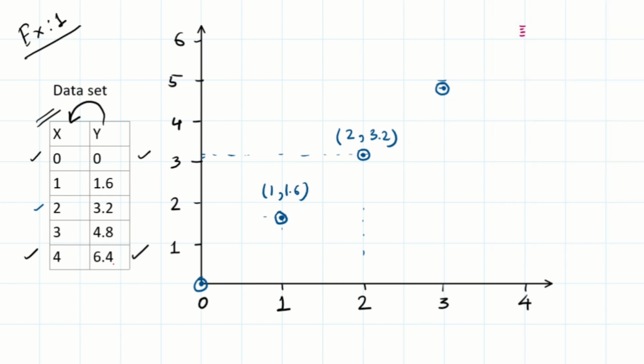Okay, yeah. So this point must be here, and you should stretch your axis a bit so that these points lie inside your plotting area. So definitely now the coordinate 4 comma 6.4 actually will lie inside the given area.